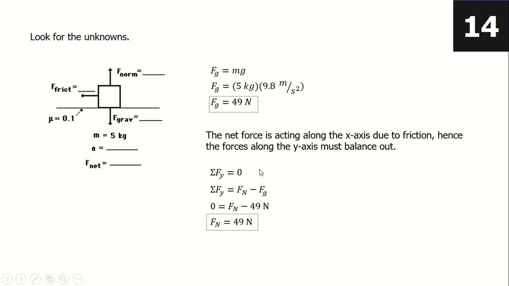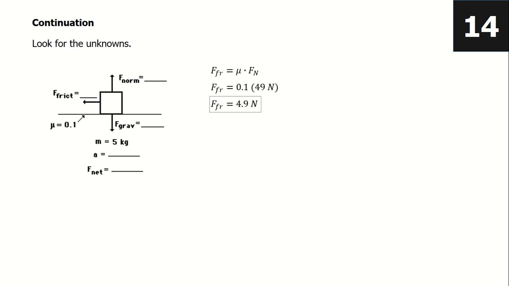This is the computation showing that. I have to solve for the normal force to compute the frictional force, since frictional force is the product of the coefficient and the normal force. So my coefficient of friction is 0.1 and the normal force is 49 newtons. So the product will be 4.9 newtons.